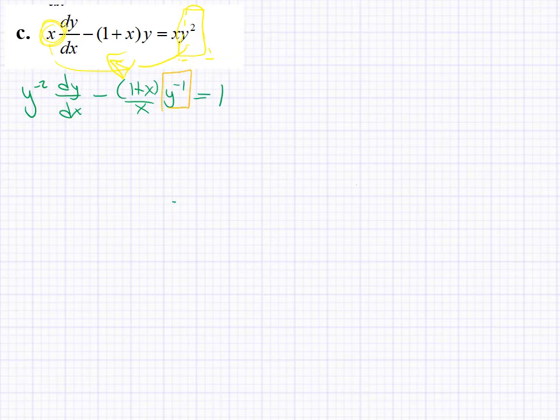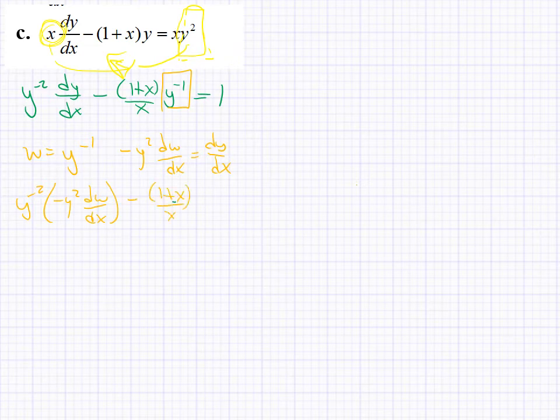So here's your substitution. There's your w, same as the past two examples. w equals y to the negative 1. So that's going to tell me negative y squared dw dx equals dy dx. I'm just jumping straight to there because we've already done it twice. So then this is going to turn into y to the negative 2 times negative y squared dw dx minus 1 plus x over x times w equals 1.